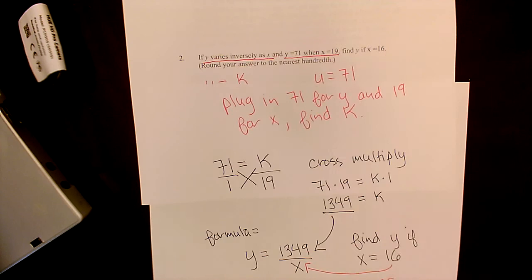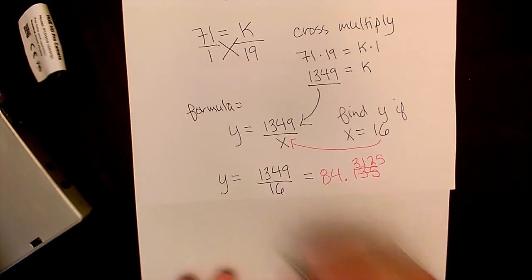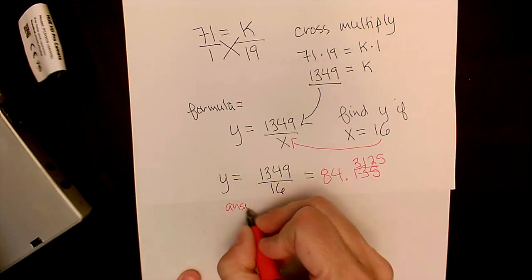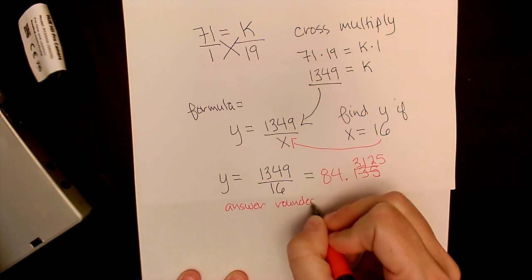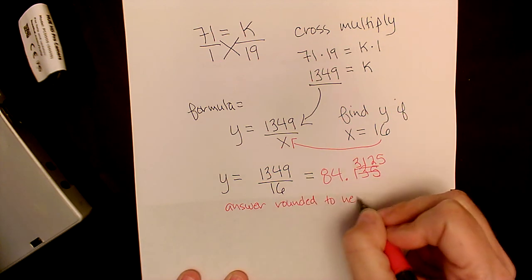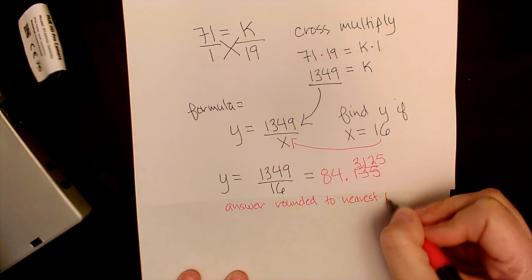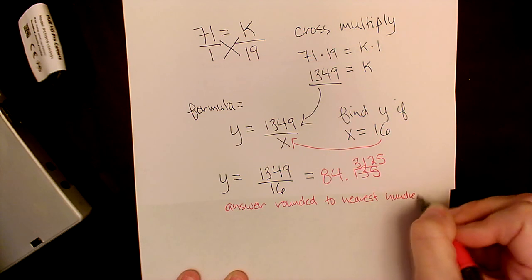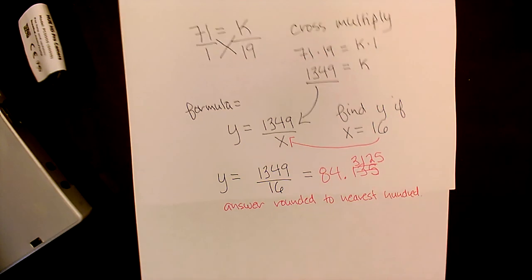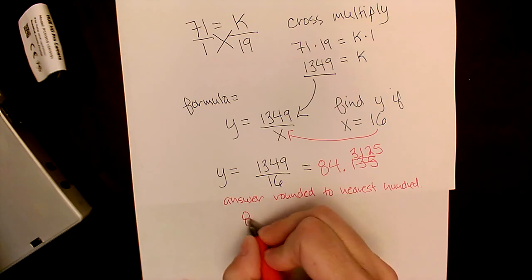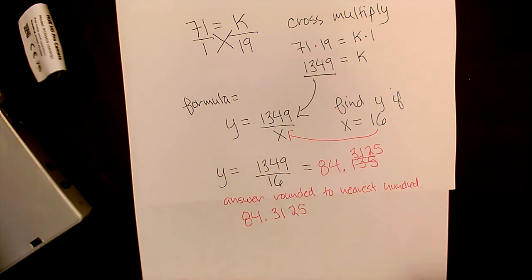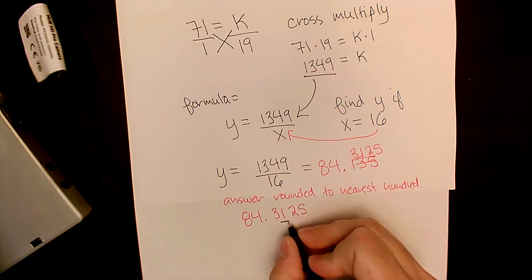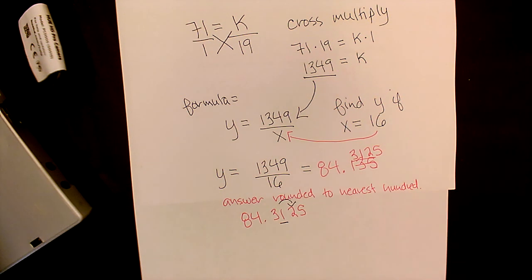Now my problem says they want the answer rounded to the nearest hundredth. So I want to take 84.3125, and this is sitting in the hundredth place.